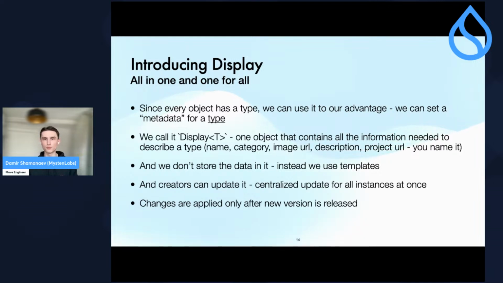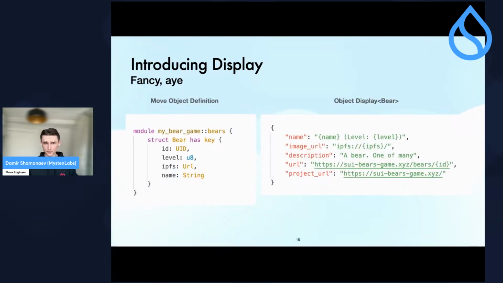We also want to support versioning, and we want changes to be committed instantly, or at least announced to everything on chain in one transaction, without overcomplicating by updating every object, if it's possible, of course. And so we came up with a very simple approach.